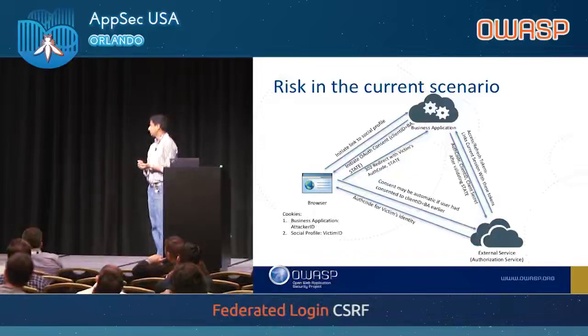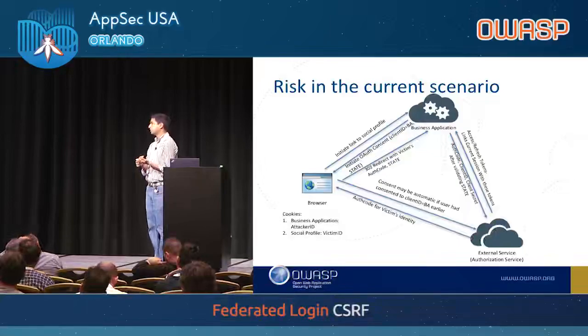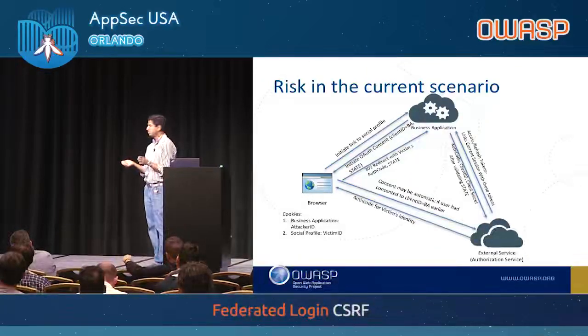This gets sent to the external authorization service. However, here is what the external authorization service sees. It sees that the current user, which is the victim, is asking for consent for the business application to access the external service.